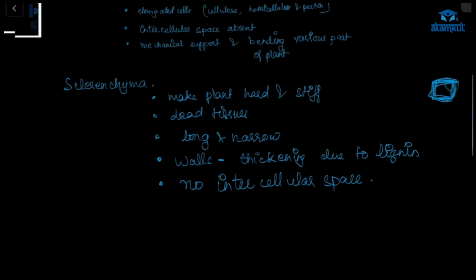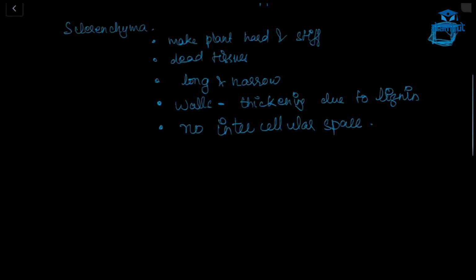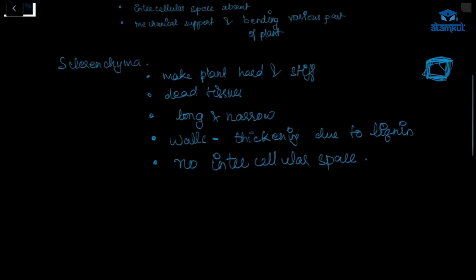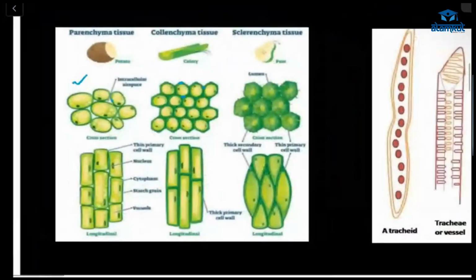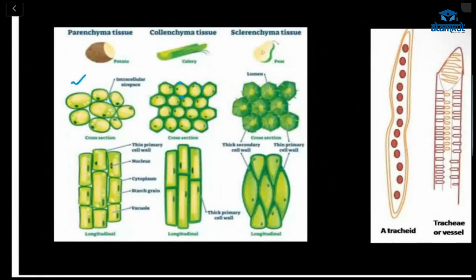The main difference you can say is that collenchyma, corner, has localized thickening, whereas sclerenchyma doesn't have localized thickening. I have shown you, you can see this picture. See, there is localized thickening. Here, everywhere it is thickening, right? You can see the difference between these three, right?